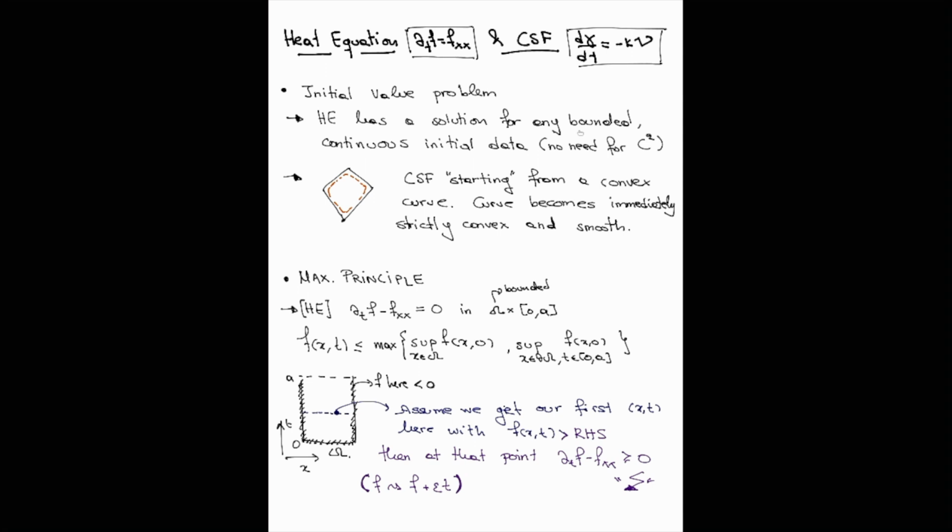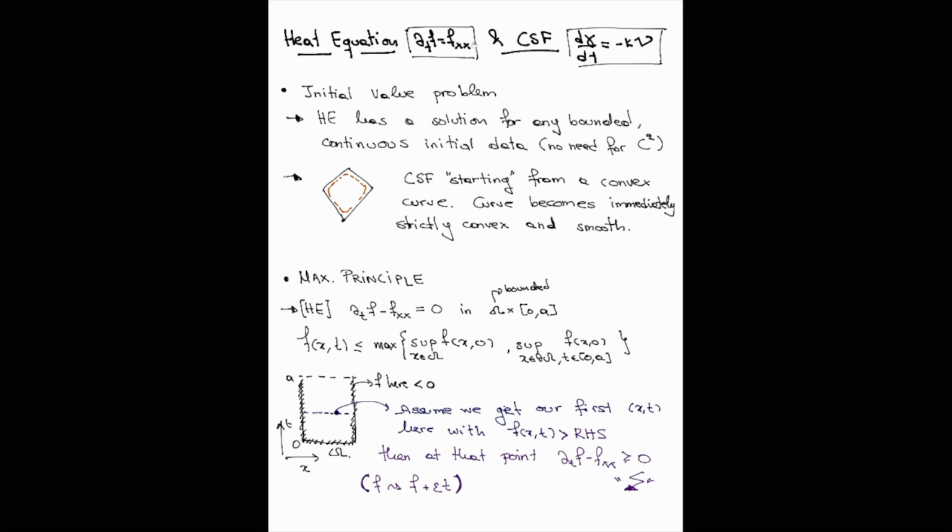There, you do not need C2, but what you can show is that when you solve this equation, the solution will be C2 for all positive times. Okay, so at the beginning it's not, but immediately for any positive time, it becomes smooth. And you can show that this solution converges in C0 to your original bounded continuous initial data, okay? Which is a very nice property, because it says you do not have to have smoothness conditions on your initial data to start the flow.